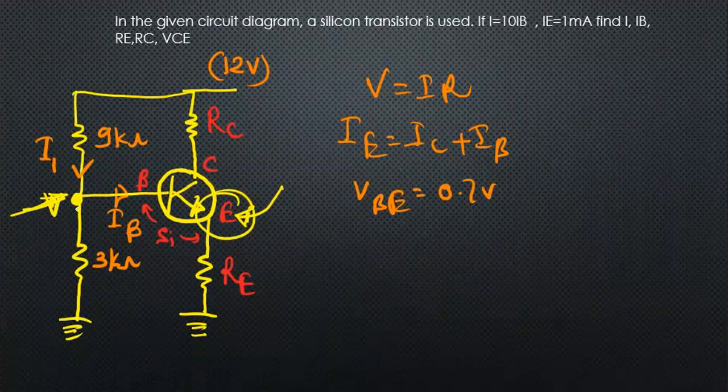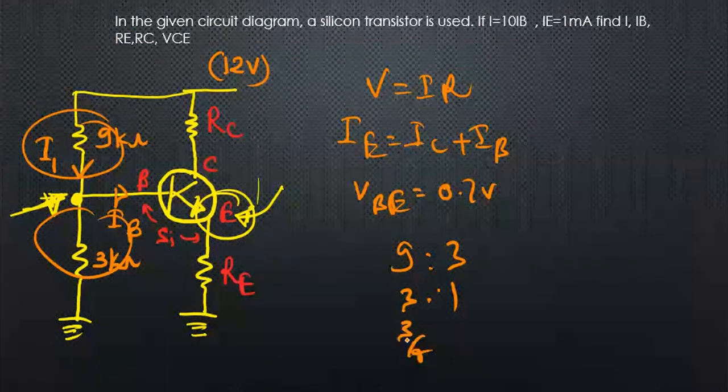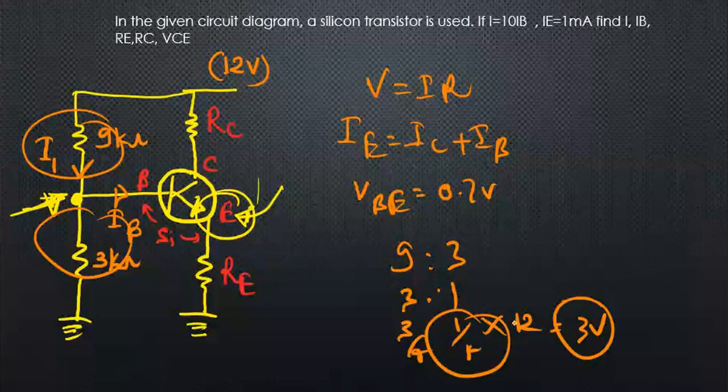So let's find the potential at this point, VB. We have a couple of methods, so let's apply the potential divider method. The ratio is 9 to 3, which is 3 to 1. So I get the fractional values 3 divided by 4 and 1 divided by 4. That times the total potential 12 gives 3 volt.